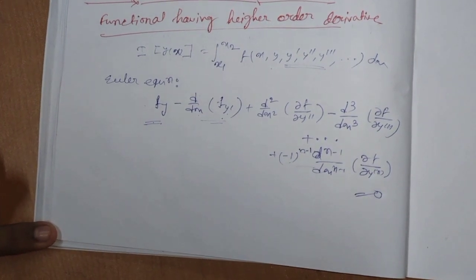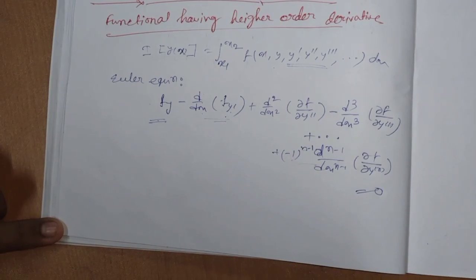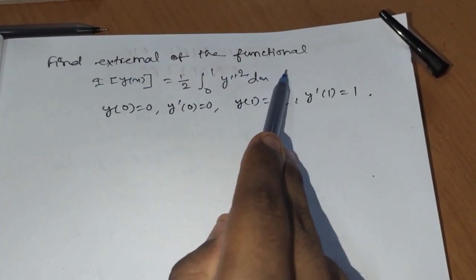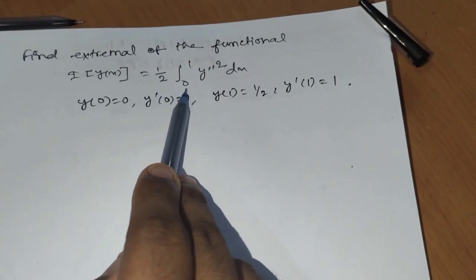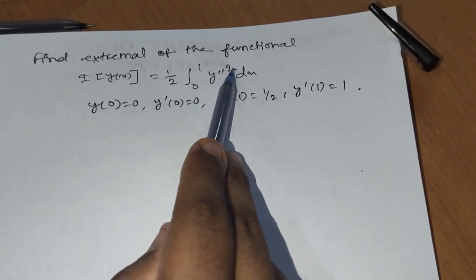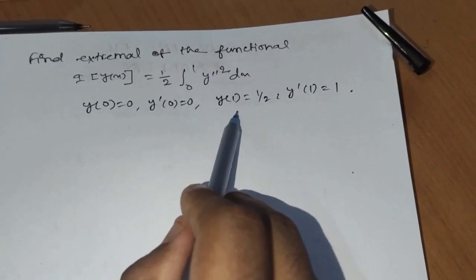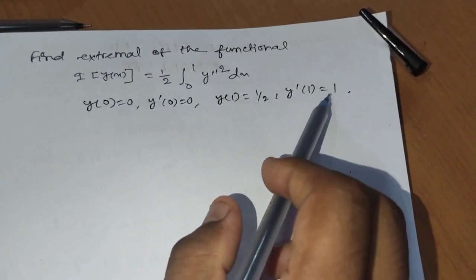Now see an example for this type of problem for better understanding. Find extremal of the functional I of y(x) equal to half of integration 0 to 1 y double dash square dx, y0 is 0, y1 equal to half, y dash 0 is 0 and y dash 1 is 1.